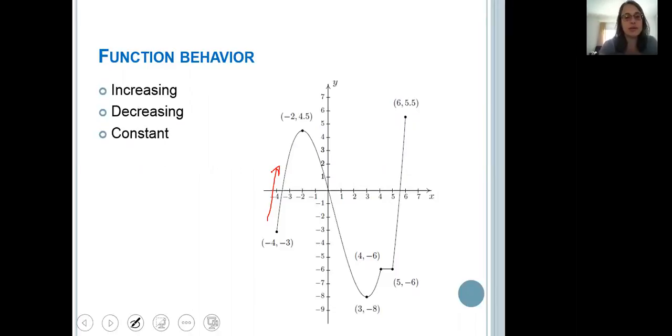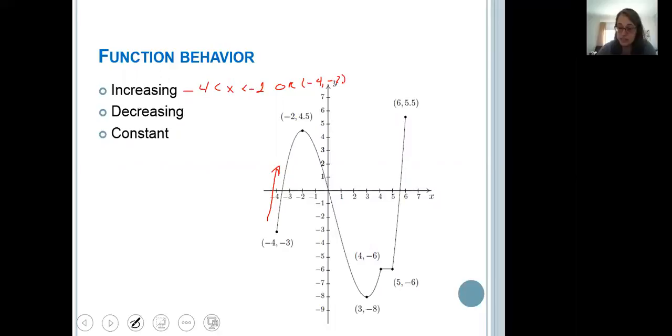So from -4 to -2, my function's increasing. Or in interval notation, we would write that as -4 up to -2.